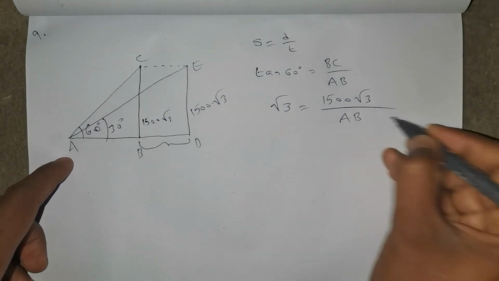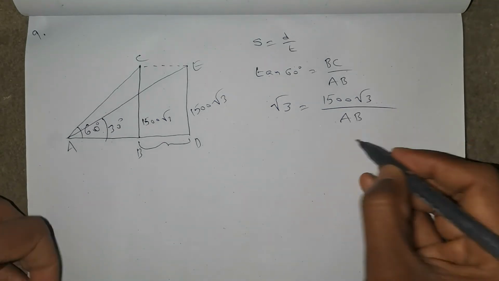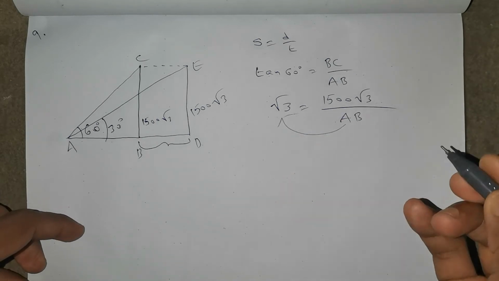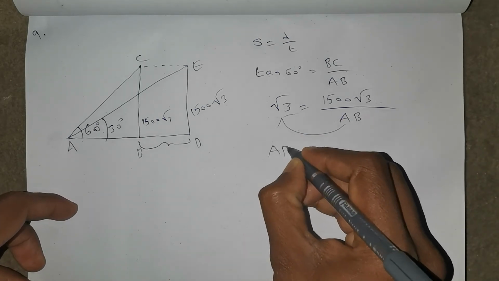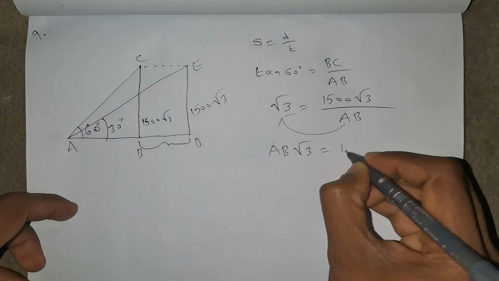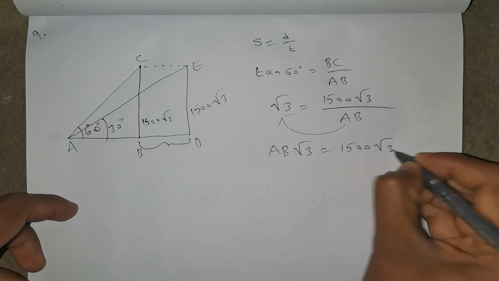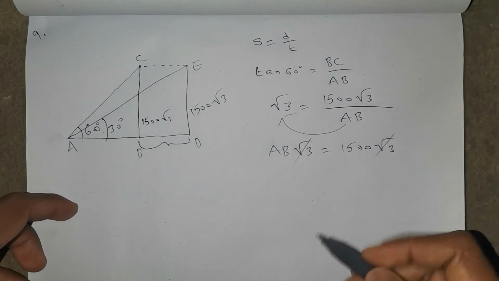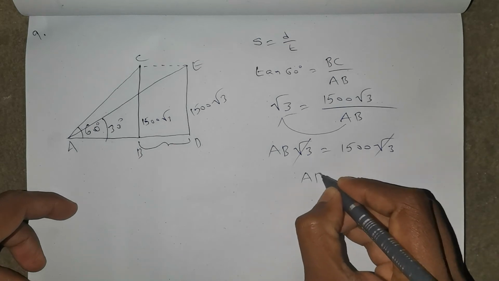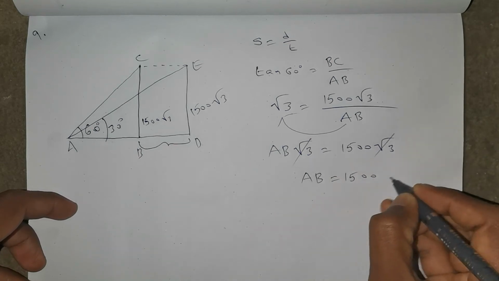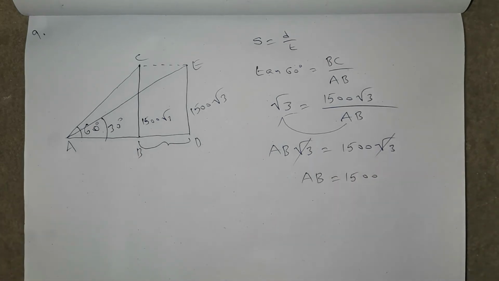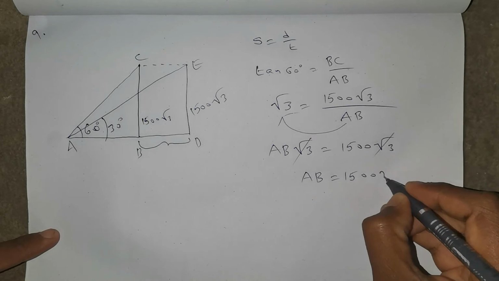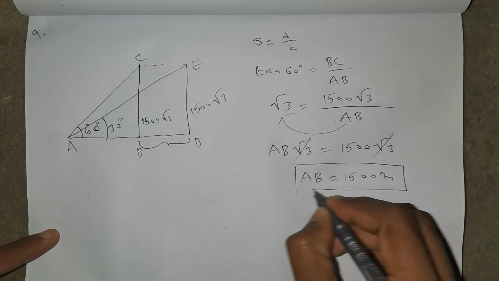So if I take this AB to the left side, it will become multiplication. AB into root 3 is equal to 1500 into root 3. Left side root 3, right side root 3 both will get cancelled. So AB is equal to 1500, and the measurements are given in meters, so AB value is 1500 meters.